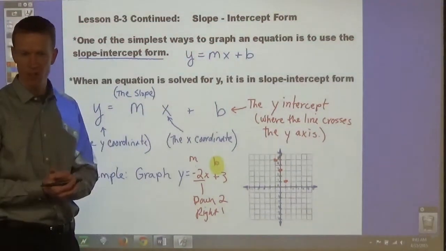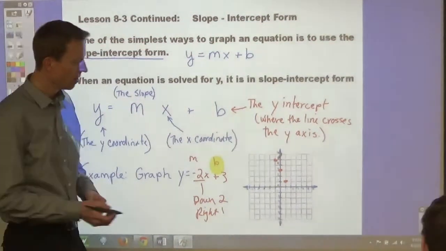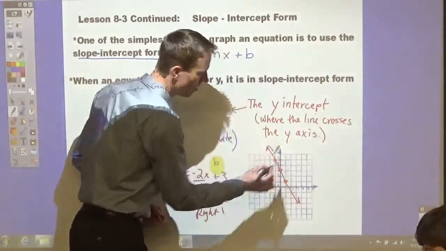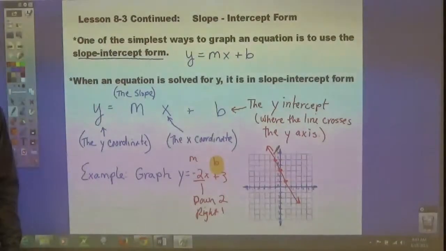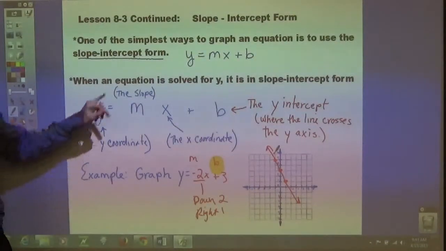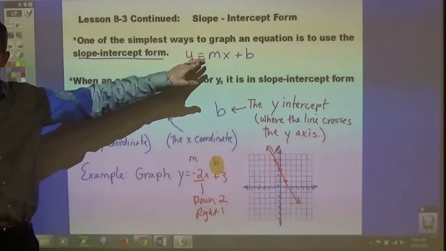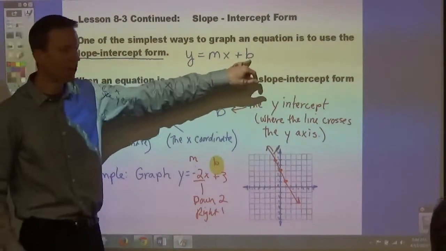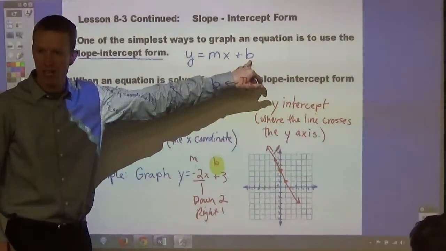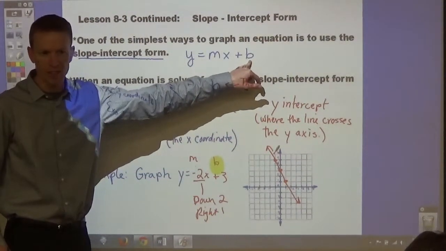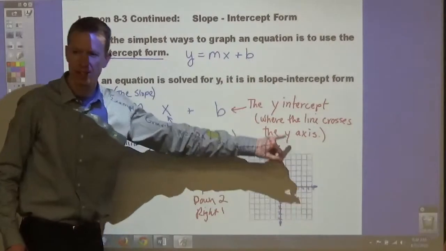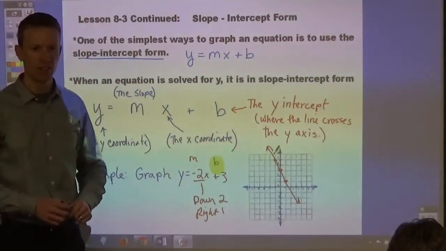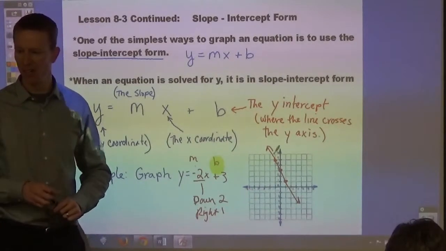It's still a negative slope. And that gives us our line. You see that? That's how you graph this equation. It's really simple. It's really simple to mark the b number, whatever b is, mark that on the y-axis, and then go up and over or down and over to find the next point and draw the line.